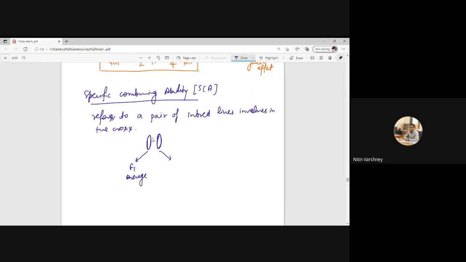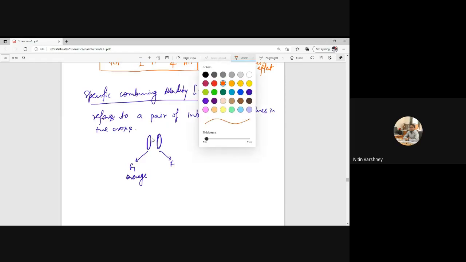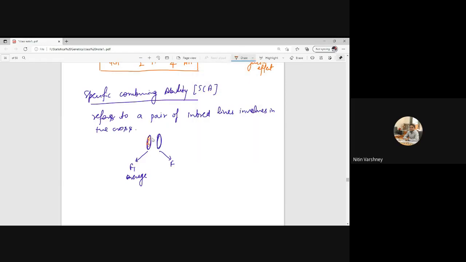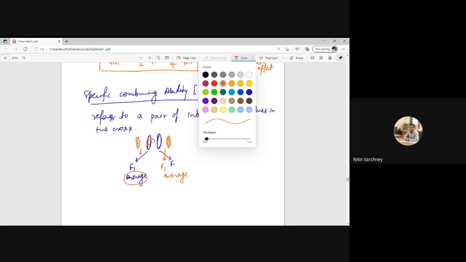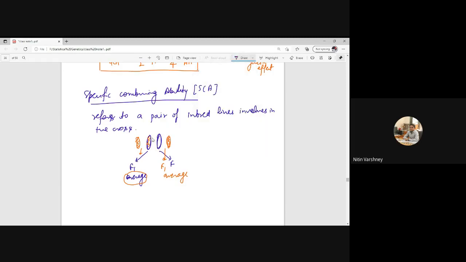suppose this is my inbred line and we have taken another parent from the random mating and we have crossed it and we have checked the average effect. Now I have taken another parent from the random mating, crossed it, and checked the average effect. And second thing, I have crossed in between.